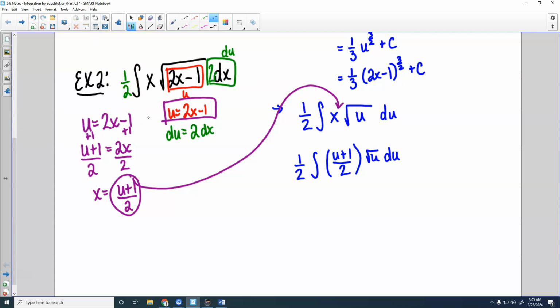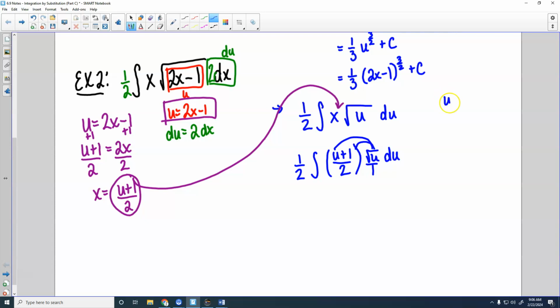All right, so we don't know how to integrate that right now because it's got stuff that's multiplied. So we've got to get this turned into something I can use the power rule for, because pretty much I only know how to do the power rule to integrate, right? But I can do that because I can put this over 1, which means I could multiply the numerators together and the denominators together, which basically means I'm distributing that square root of u, which, remember, is u to the 1/2, right?